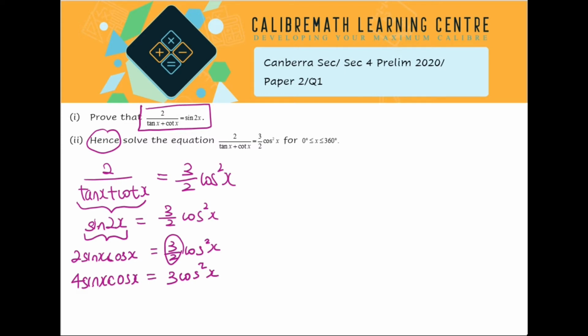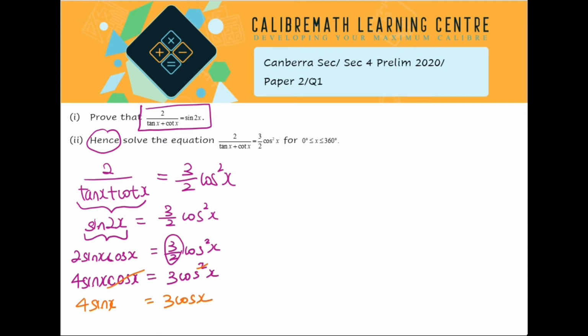Now some of you will try to do the next step like this. Since there is a common term cosine x, they will cancel away the cosine x by dividing by cosine x throughout. So you will be left with 4 sine x equals 3 cosine x.